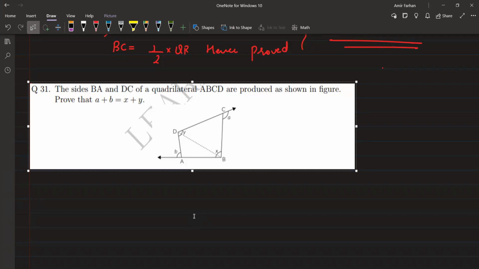So only the last chapter is circles in your batch?